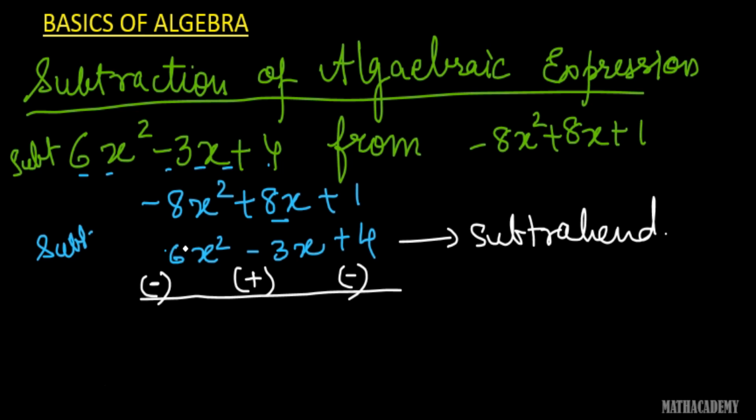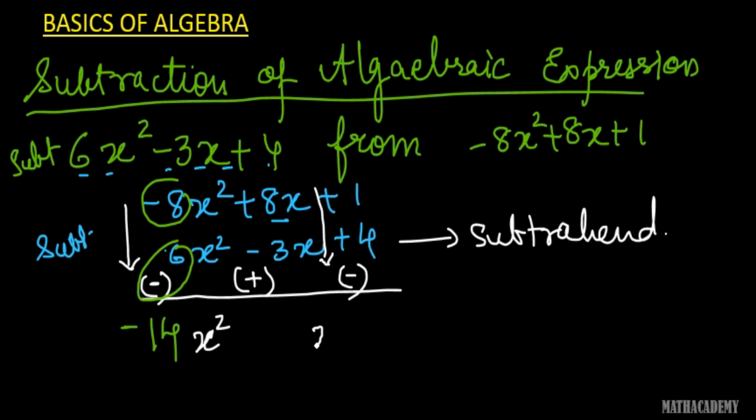Now we have to perform the regular addition. When we add this column, x square and x square, the common variable part is x square, and we perform the operation on the numerical coefficients. So negative 8 and negative 6 combine to give you negative 14. Let us see the next column. The next column is 8x and negative 3x. So x is the same variable part, we write it down.